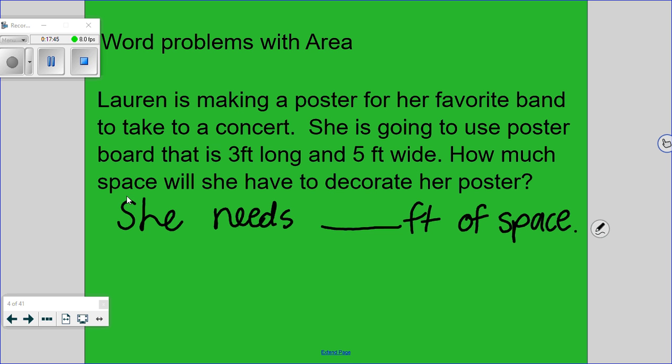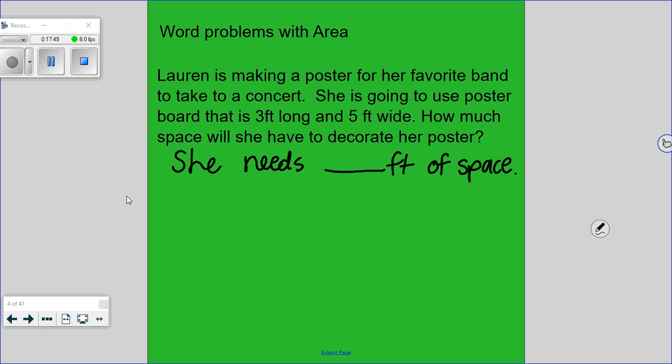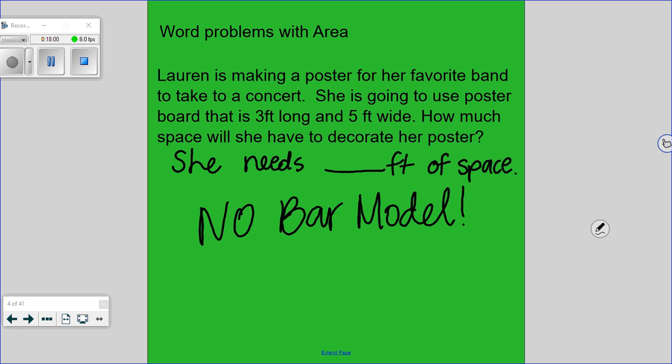What about math? It is math, but this is a little more picture necessary. I have to be able to see it. That does not mean we're not going to draw a picture. But it does mean that the bar model is not what we're going to do.